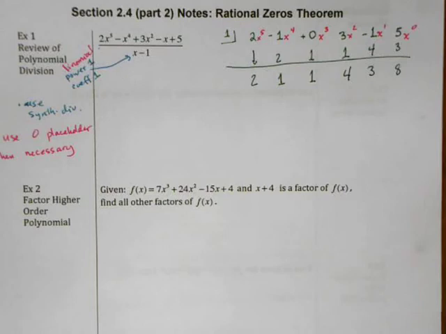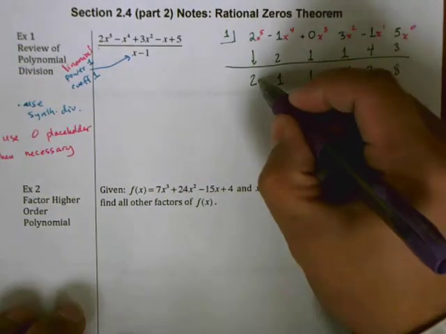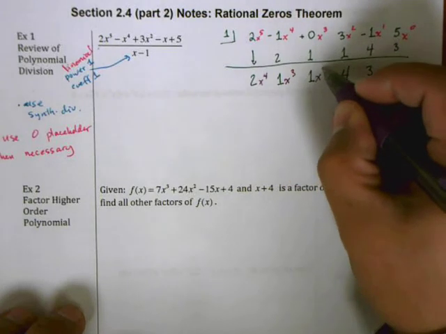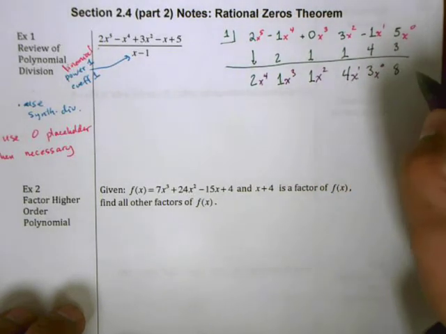Okay. And just as a reminder, all of these powers here decrease by 1. So this is x to the fourth, x to the third, x to the second, x to the first, x to the 0th, and this right here is our remainder.